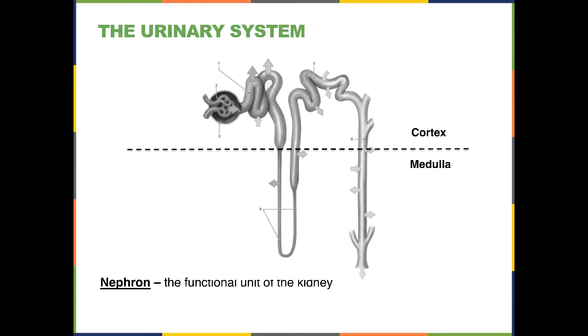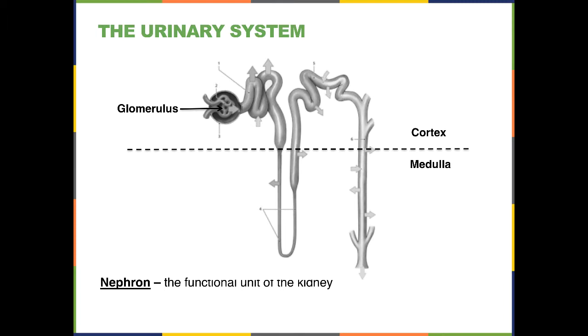And the first portion, the place where it all starts, is where this arrow is, and this is called the glomerulus. The glomerulus is the site where the filtration actually occurs.